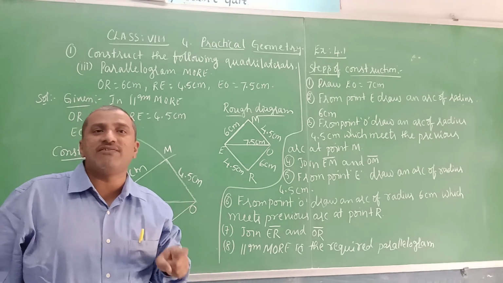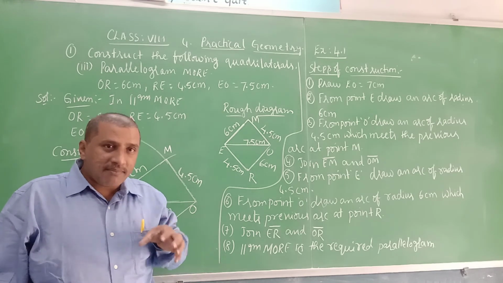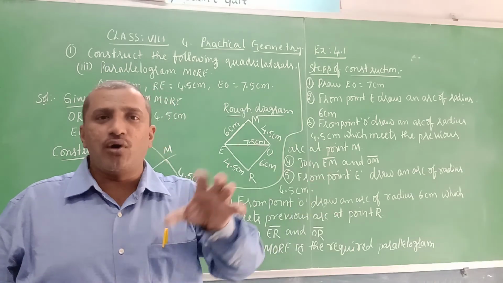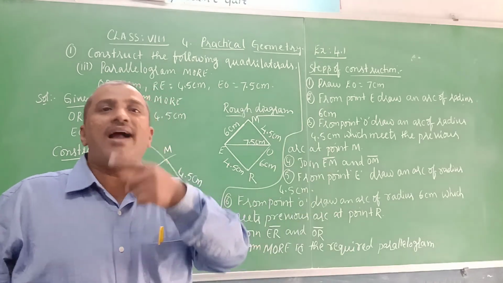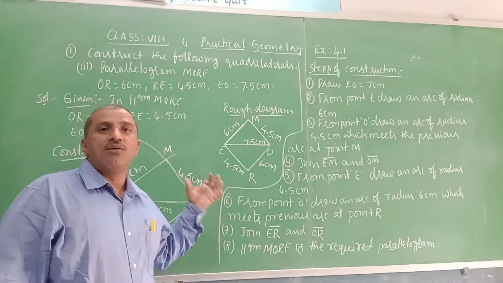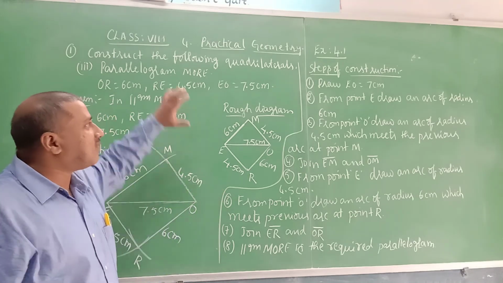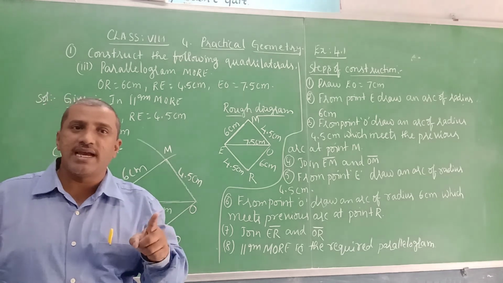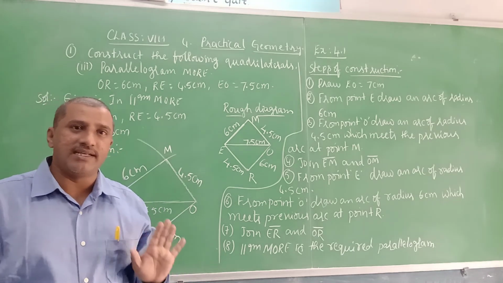If one side is given as 4 centimeters, the remaining 3 sides are also 4 centimeters. It means the 4 sides of the rhombus we know and the diagonal also we know. That is 4 sides and 1 diagonal. The same concept will apply to construct a rhombus when one side and one diagonal are given.